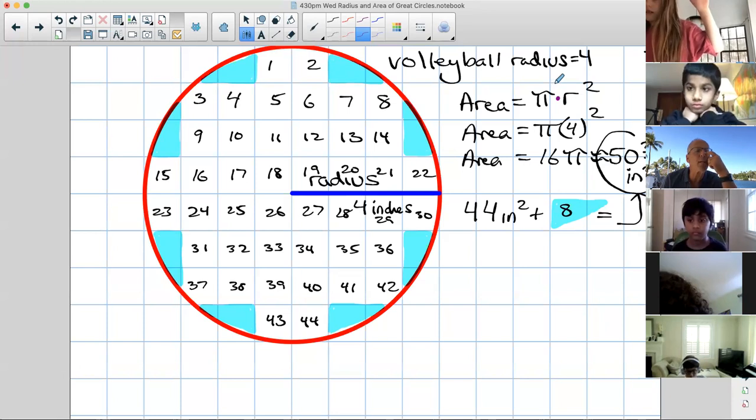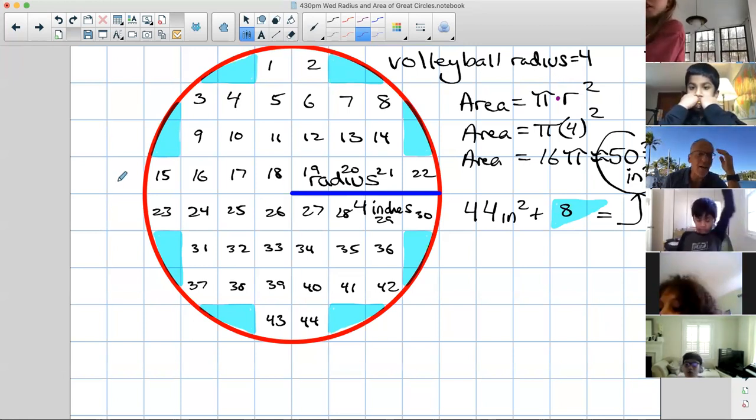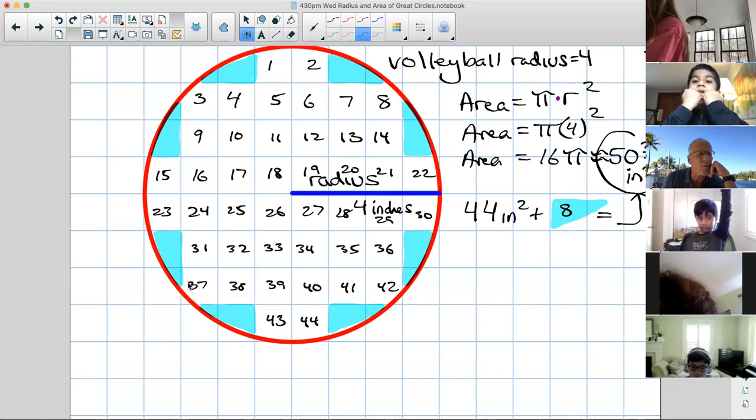Alexander, can you tell us a little bit about what happens when you square a number? I can't see you, so if you can angle your computer down slightly, that would be awesome. You're going to need to unmute yourself, buddy.